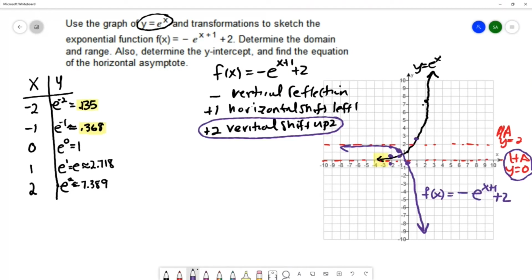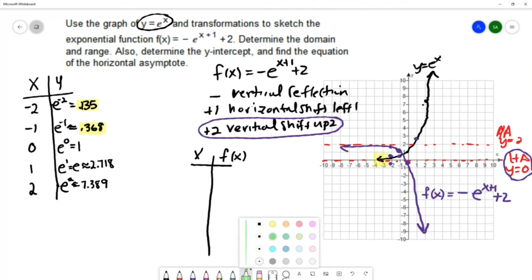It's also helpful to write the new ordered pairs. And I'm going to write a separate table this time for the x and the y, because the transformations affect both the x and the y values in this example. So let's highlight here.